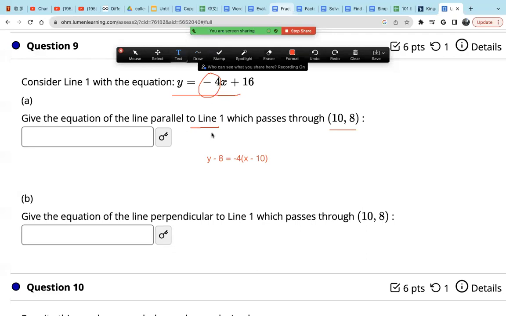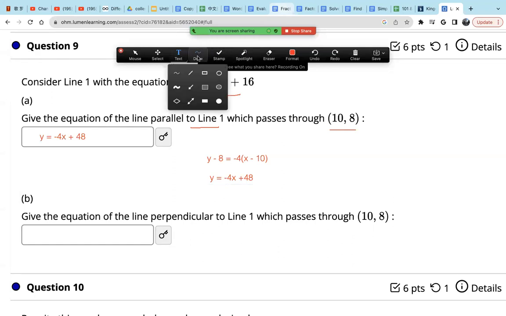Then maybe we simplify a little bit. We get y equals negative 4x, negative 4 times negative 10, positive 40. 40 plus 8 is 48. That's it. So we write down the answer here: y equals negative 4x plus 48.